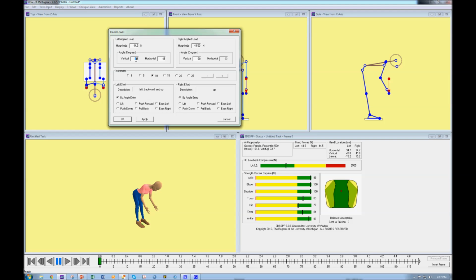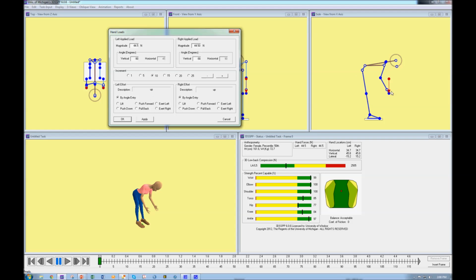Now that's a little bit more advanced for what we're doing right now. Let's get this back to negative 90, so that what that's telling us is that that angle, exerting that amount of load, your effort for the left hand is going upwards.